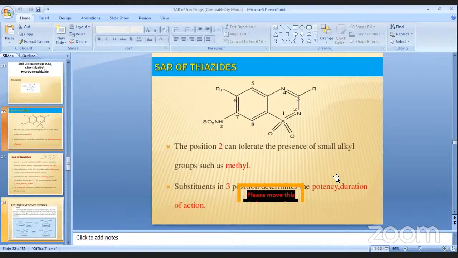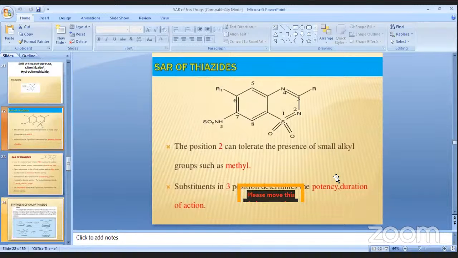So this thiazide derivative has got some improvement by changing the positions, especially in the 7th position, where sulfonamide must be there. In the R1 position, you can add chlorine or CF3. If R is hydrogen, it is only thiazide, which is very inactive.